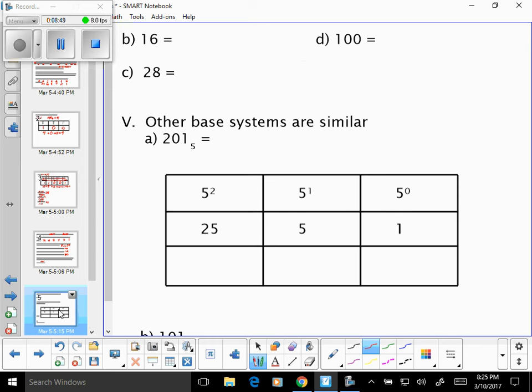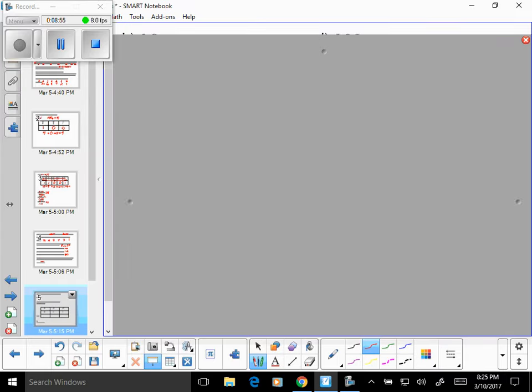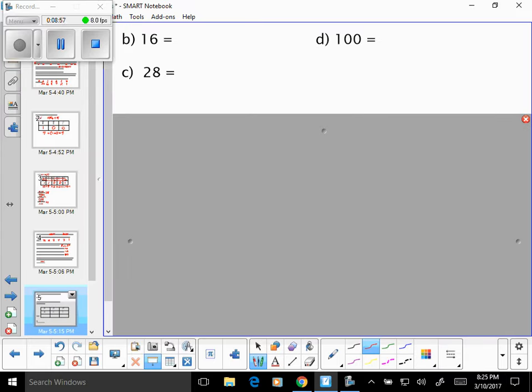Let's look at 16. Now, if I think to myself, all right, I have 1s, 2s, 4s, 8s, I have 16s. That's my 2 to the 4th. If I have a 2 to the 4th, that's 16. I'll use 1.